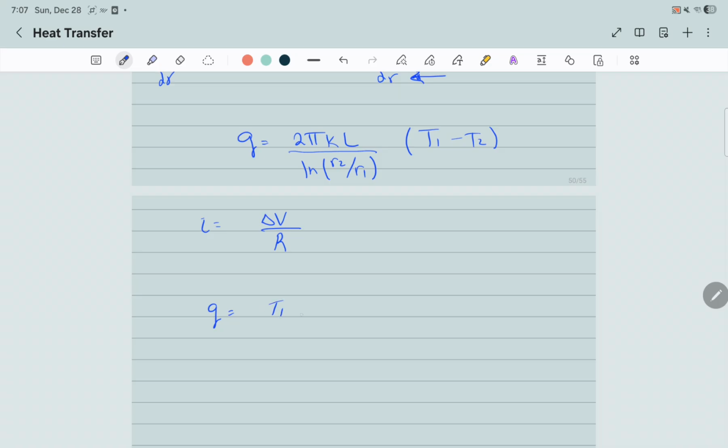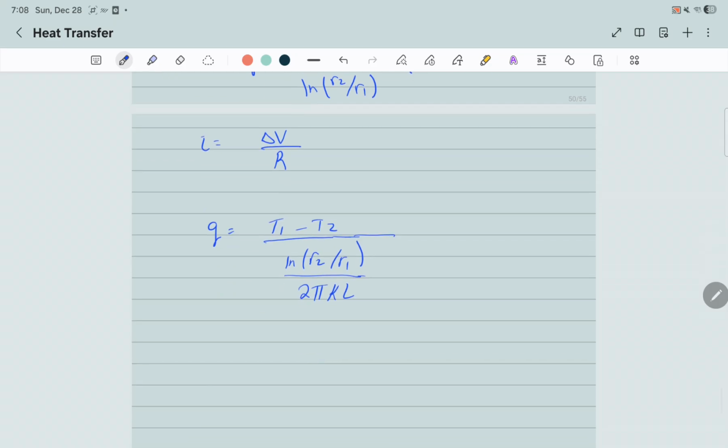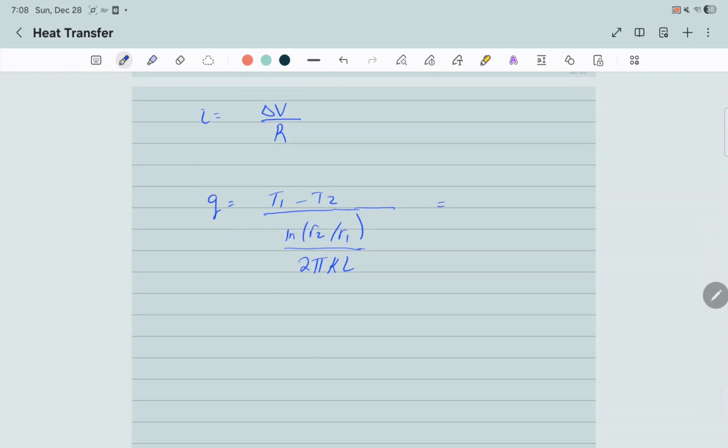Therefore, it will be (T1 minus T2) divided by ln(R2 over R1) over 2 pi K L, which can also be written as dT divided by the resistance of a conduction pipe.